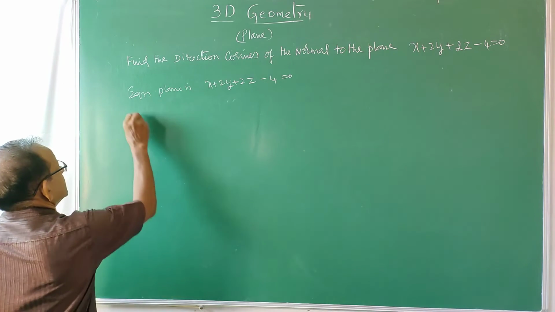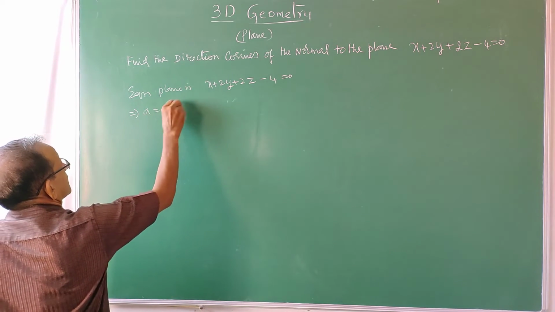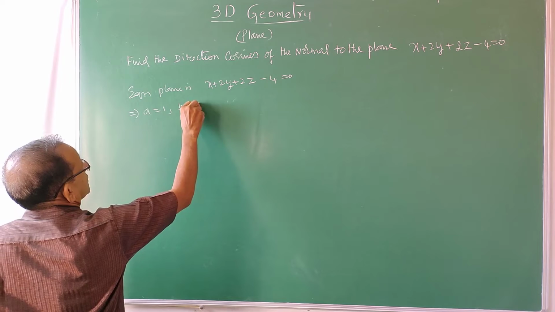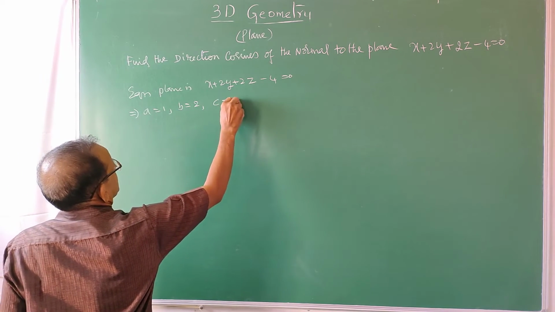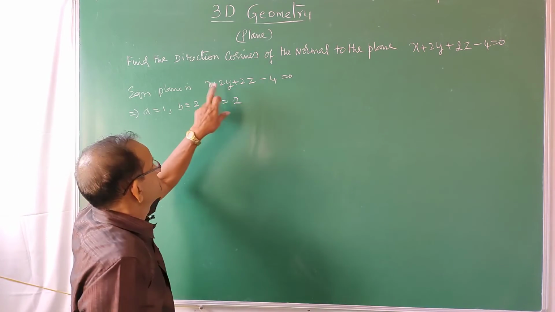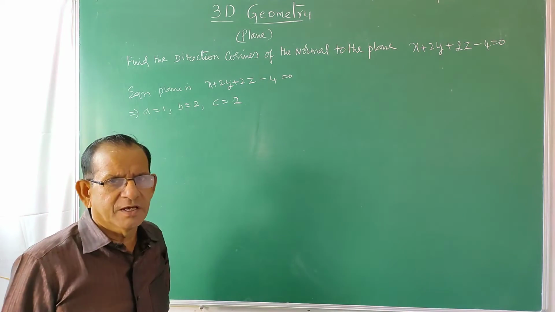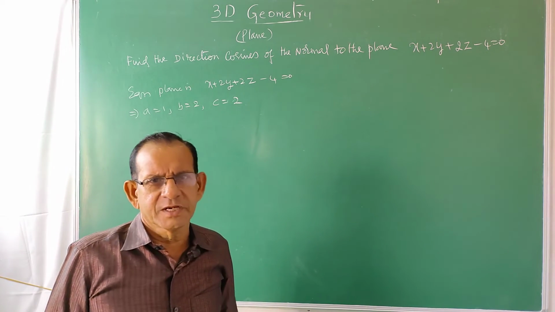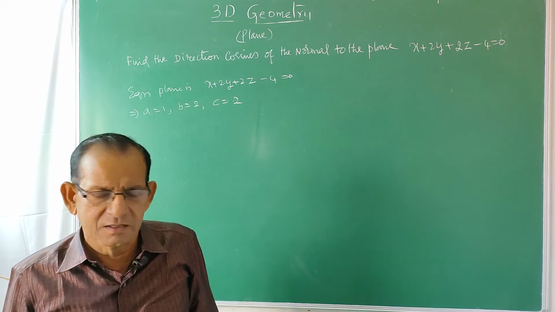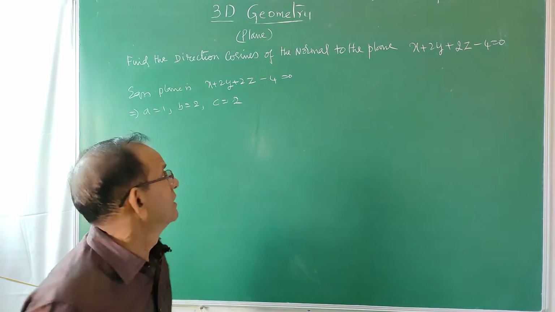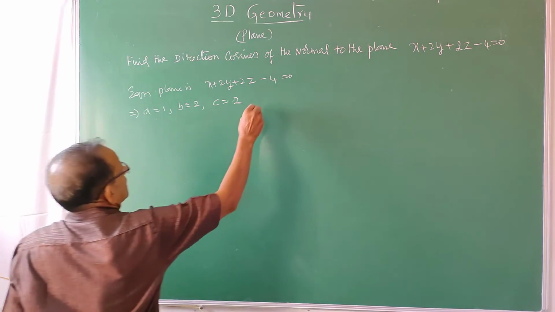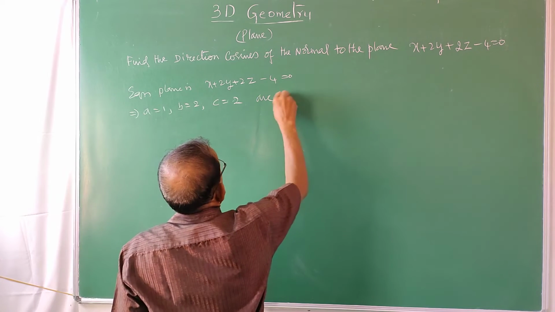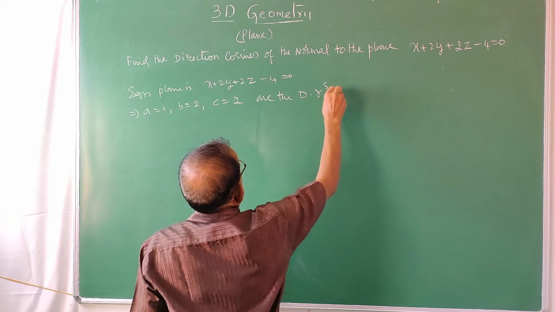That implies a is equal to 1, b is equal to 2 and c is equal to 2. The x coefficient, y coefficient and z coefficient, they are a, b, c. They are said to be the direction ratios of that line, I mean that normal, or the DRs, direction ratios of the normal.